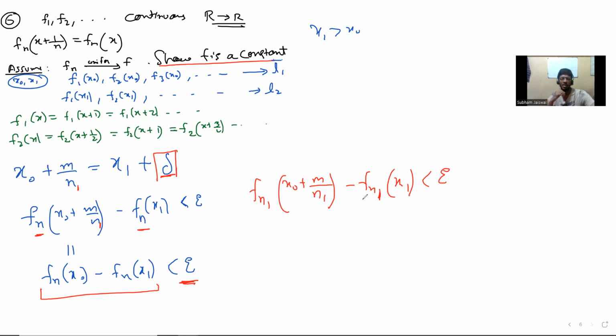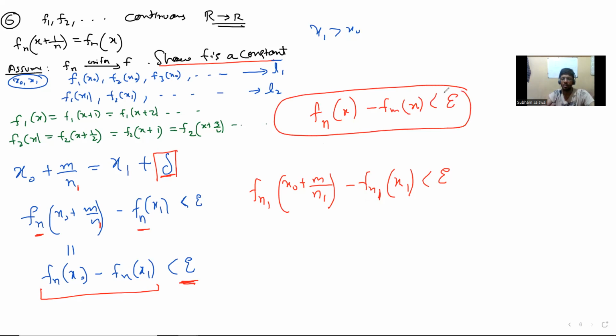So for this, I think we have to use the Cauchy convergence. So this should not be difficult. This is not difficult at all because you know that again for this epsilon, now you can pick another large enough n naught, so that what I'm trying to say is that fn x minus fm x is less than epsilon. So the point is that fn and fm are close to each other.